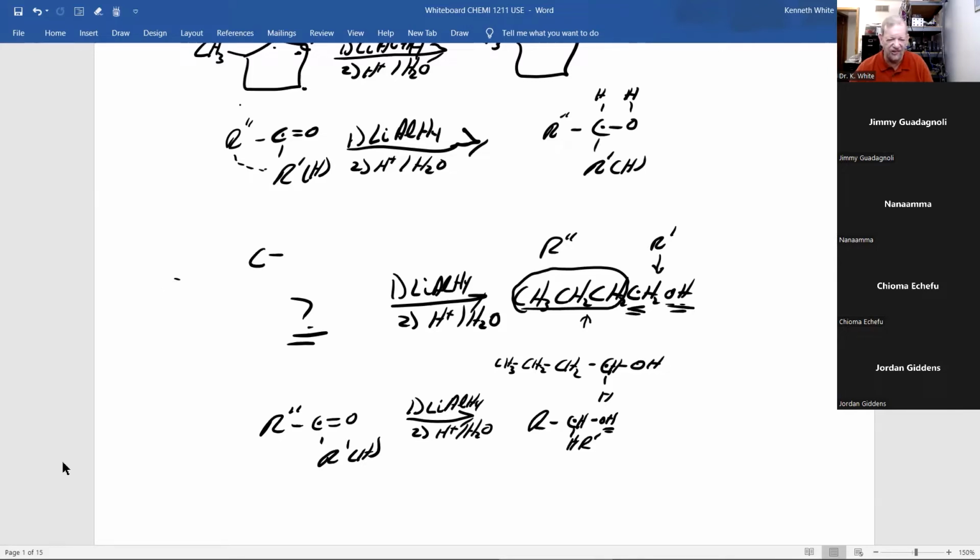So I have this. Notice I end up with 4 carbons. If this is one of them, I need 3 more, because I didn't magically add or subtract any. So R prime is a hydrogen. I know there are 4 bonds to carbon. And that would be the starting material.